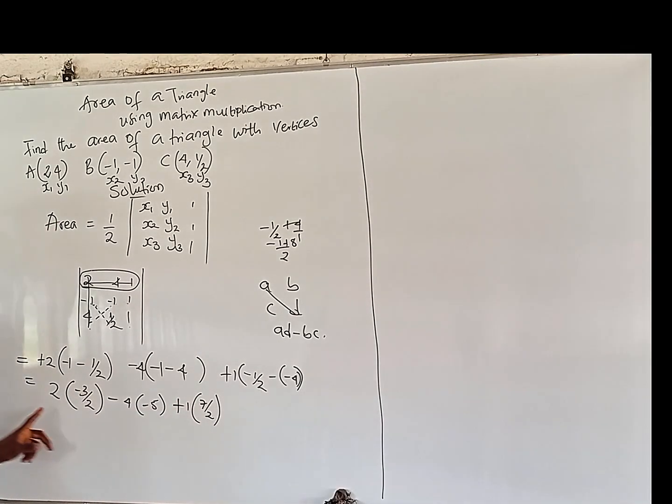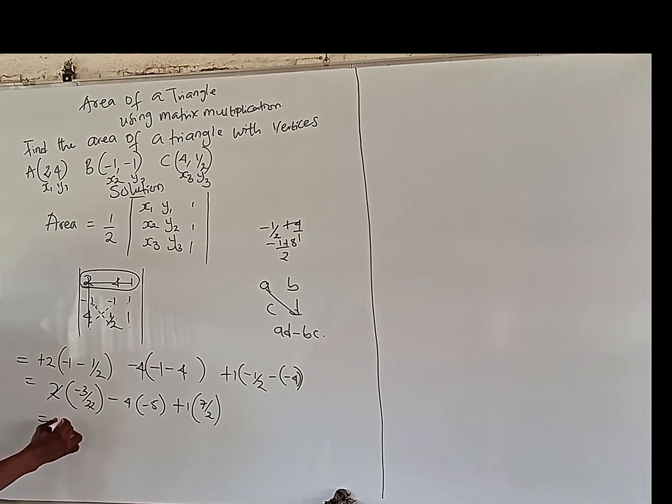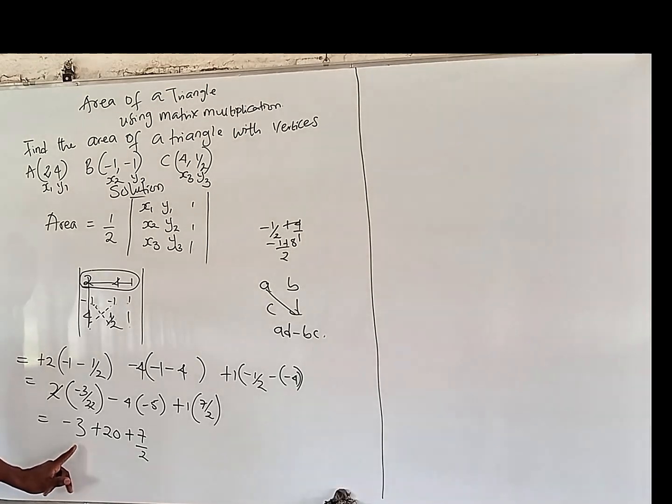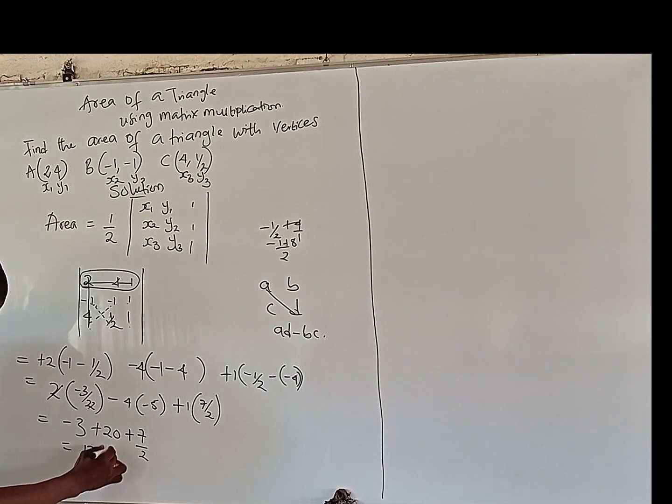So the next thing you want to do is, you can clearly see this is going to cancel out. 2 goes with this, you're left with -3 plus 20 and half plus 7 over 2. So if you look at this carefully, -3 plus 20 should give you 17 plus 7 over 2.